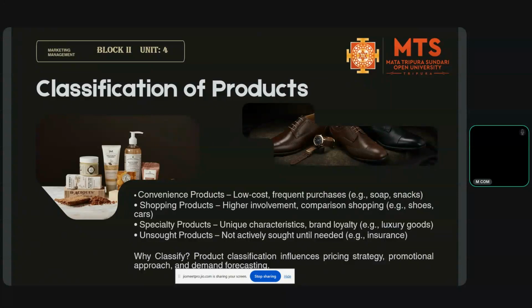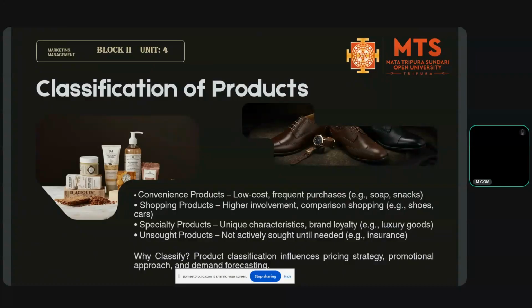Specialty products. These are products that are different from the first two classifications, convenience and shopping, because you can't use this product daily. Like if I'm talking about a Rolex watch, you are not going to buy that every day.